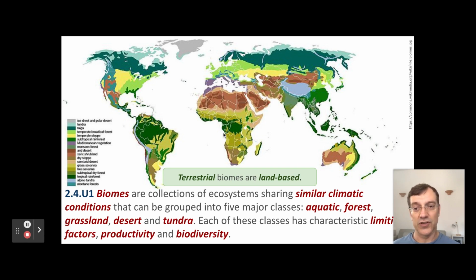So their distribution is fairly standard. Here at the northernmost point of our terrestrial map, this pale color is the tundra. So you find it all across northern Asia, a little bit in northern Europe, and in Canada and the United States, in North America. And this dark band here is the taiga or coniferous forest. That distribution pattern is pretty broad, and you should be able to recognize those on maps.